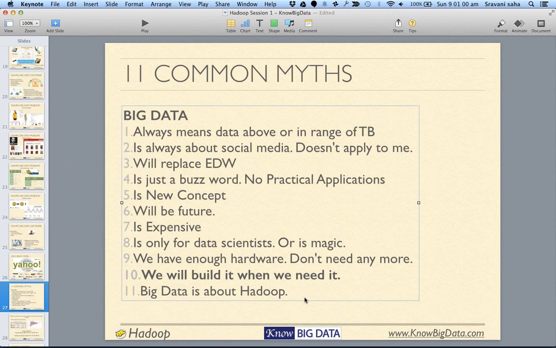The truth is they will only need it when they really build the basic storage. Those who say we will build it when we need it don't build good enough storage, and hence their developers keep removing the data, compressing the data, ignoring the data, and never gather enough data to process.